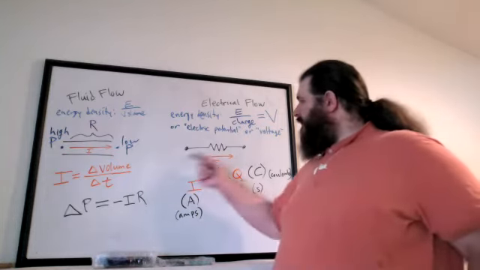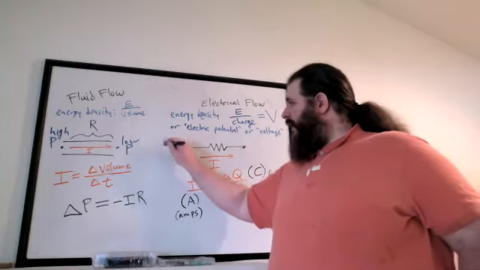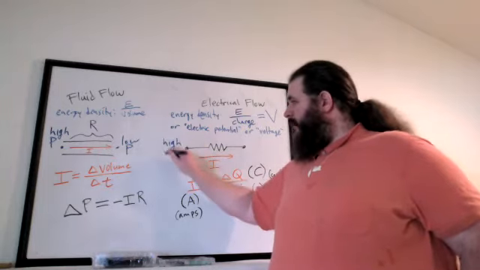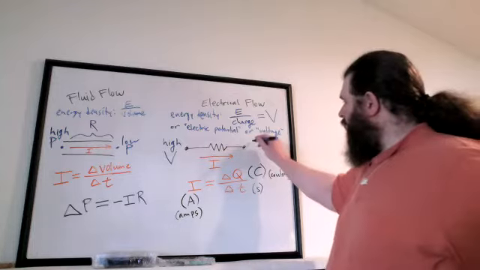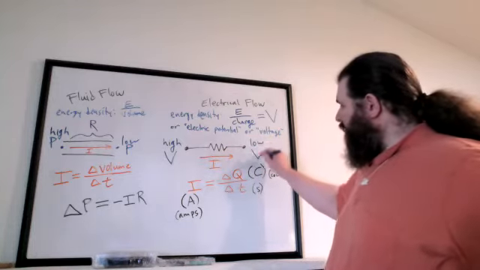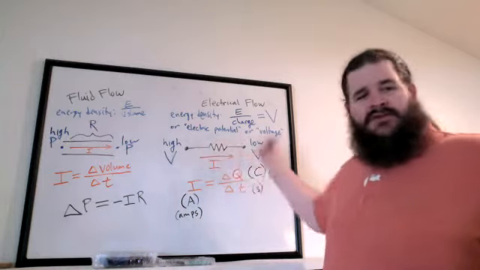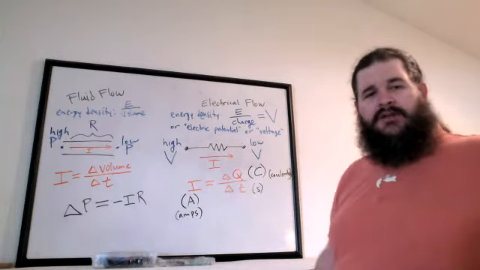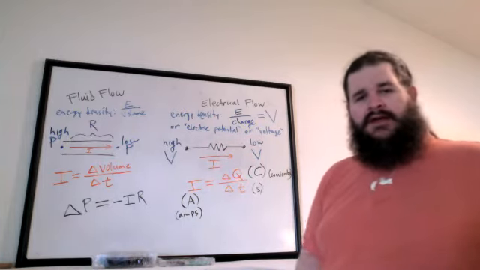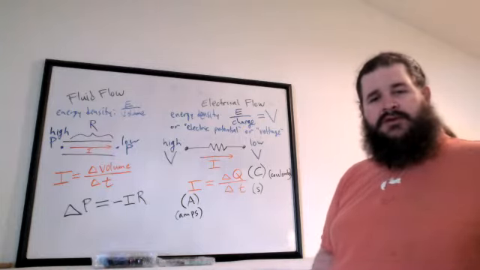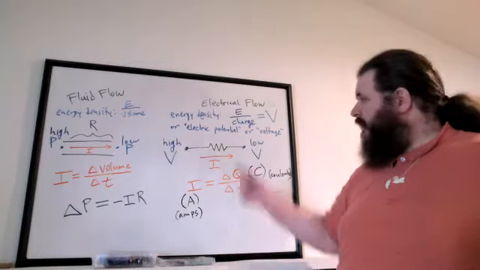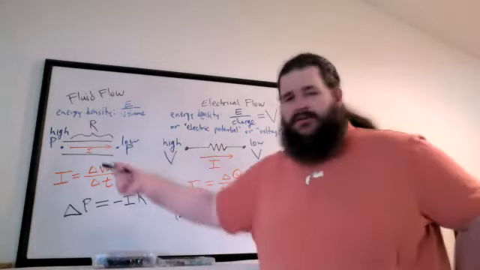So if you've got a difference in voltage, specifically if you've got high voltage on one side of the resistor, and low voltage on the other side of the resistor, that difference in voltage is going to cause current to flow through the resistor, and it's specifically going to be flowing from the high voltage zone towards the low voltage zone. So this is following exactly the same pattern as fluid flow.